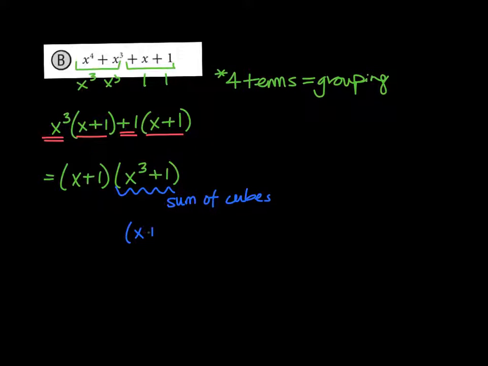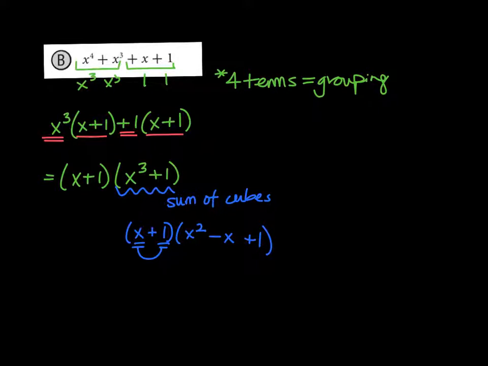The cube root of 1 is 1, so my first parenthesis is x plus 1. My second set of parentheses, remember I take the first and square it, take the last and square it, multiply together, and change the sign. So it's going to be minus x, or you can put minus 1x in the middle if you want to.